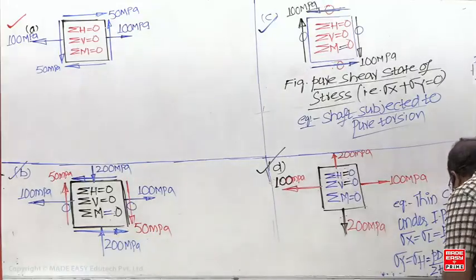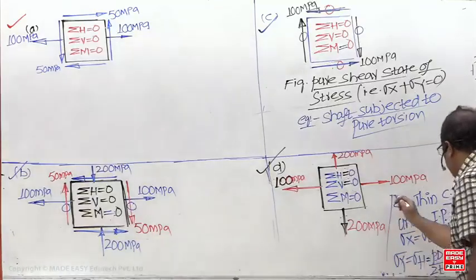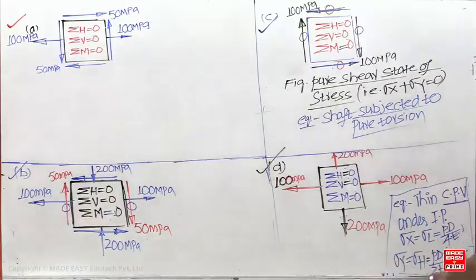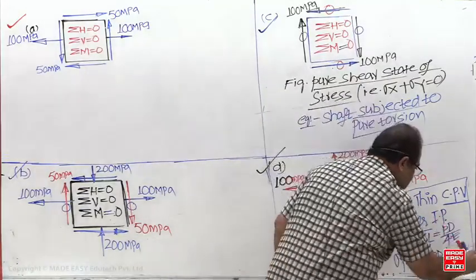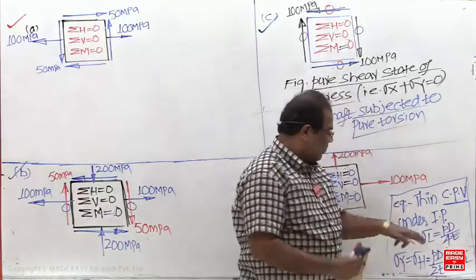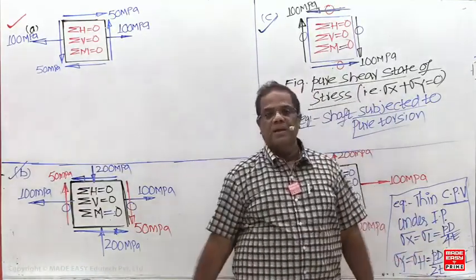Double, 2 times the longitudinal stress. I use the short forms here: CPV, cylindrical pressure vessel. IP means internal pressure. L means longitudinal stress. H means hoop stress. P the pressure, D the diameter, T the thickness. How we got it, you are going to study in chapter number 9.